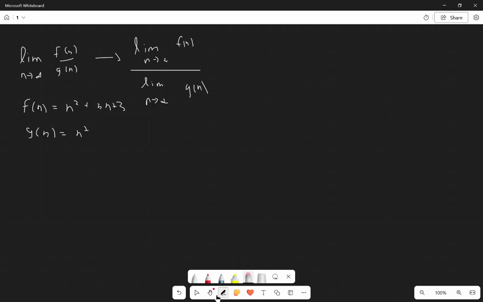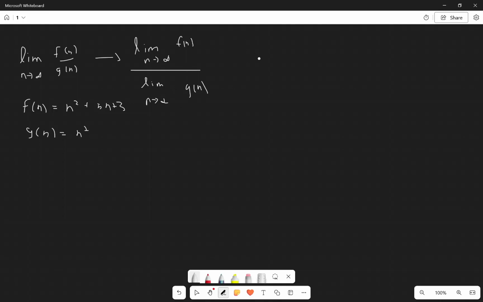What we're doing over here is dividing the value of fn when it's at infinity by the value of gn when it's at infinity.